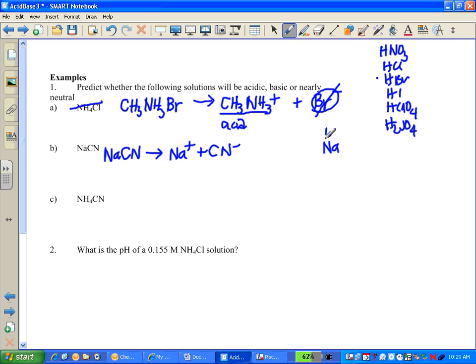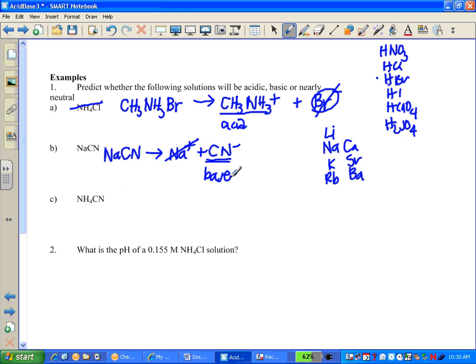So lithium, sodium, potassium, rubidium, calcium, strontium, barium: these, when they are ions and are combined with hydroxide, are strong bases. So they end up really being spectators in a salt reaction. So this is a spectator. It does not affect the pH at all. CN- is an anion, so we know that it's a base. It also has no hydroxide, so it's a base in solution.